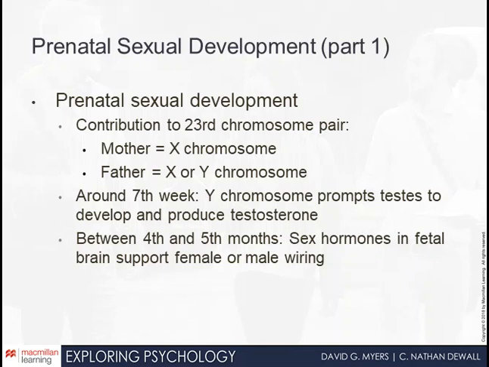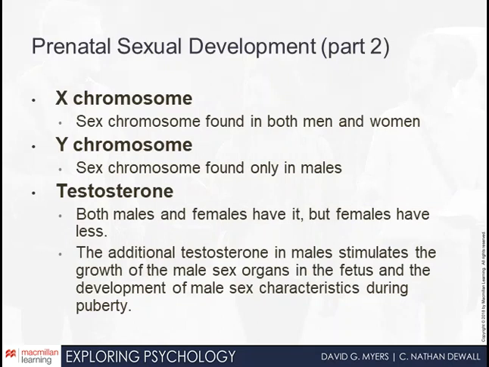So, an X chromosome from each parent produces a female child, and a Y chromosome paired with an X chromosome produces a male child. The X chromosome, a sex chromosome, is found in both men and women. The Y chromosome, a sex chromosome, is found only in males.